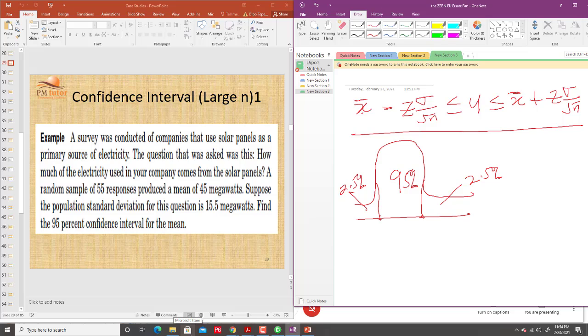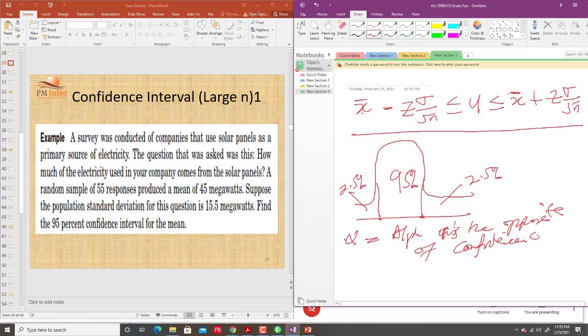Please note something. The opposite of the confidence level, which is the 95%, is alpha. Alpha is the opposite of the confidence level.